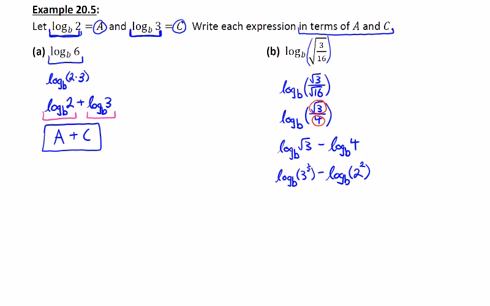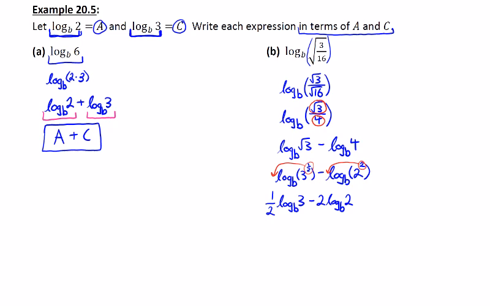So now I can take the 1/2, pull that in front of the first log, and then take the exponent of 2, pull that down in front of the second log. So that's going to give me 1/2 of log base b of 3 minus 2 times log base b of 2.